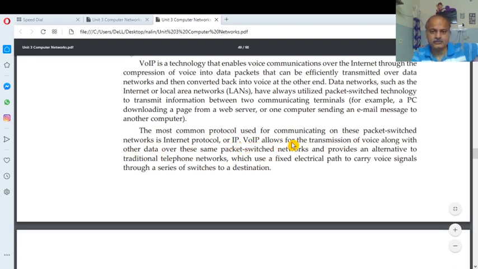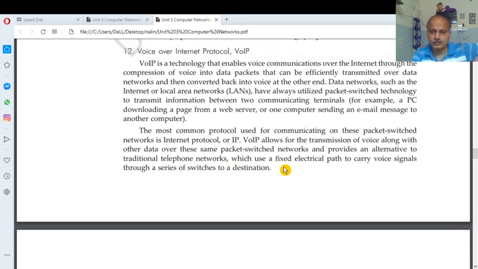VoIP allows for the transmission of voice along with other data over these same packet switched networks, and provides an alternative to traditional telephone networks, which use a fixed electrical path to carry voice signals through a series of switches to a destination.